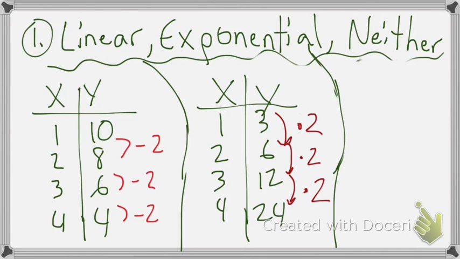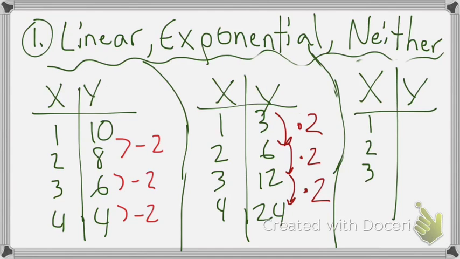And then neither. Again, neither is like none of the above. So maybe I start by adding 2, and then I add 3, and then I add 4, and then I add 5. So we're not adding or subtracting by the same thing every time.